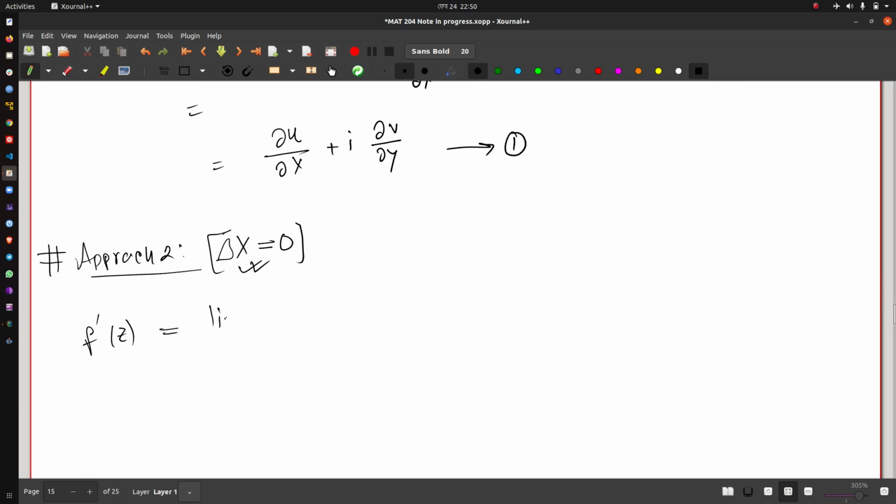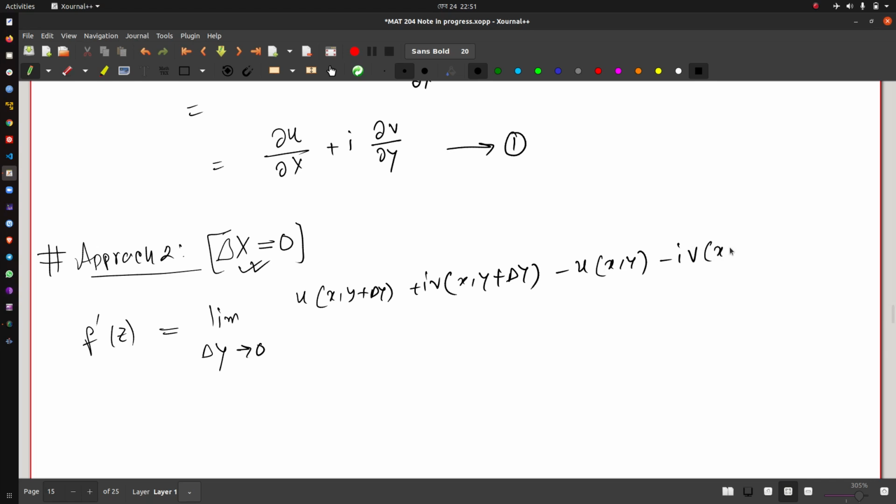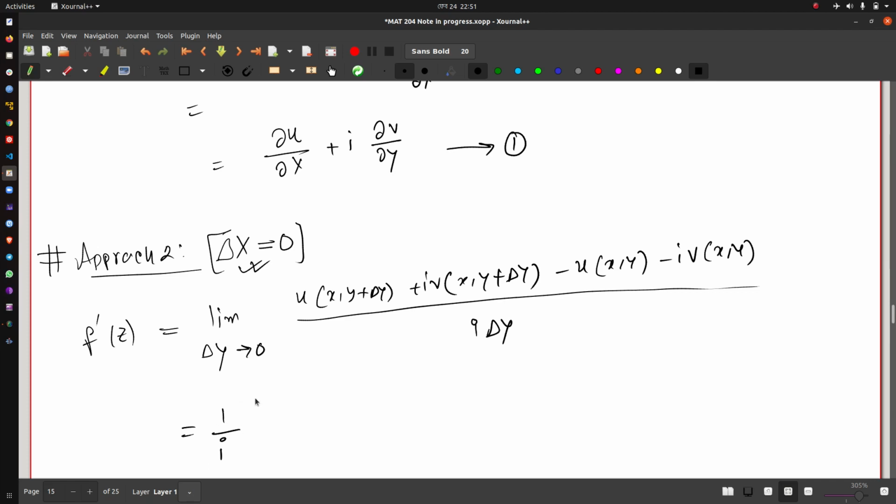should be limit del y goes to 0, and you would have your u of x, y plus del y plus iv of x, y plus del y minus u of xy minus i v of xy, divided by i del y. i is a constant, so let's keep this outside, and we finally have limit del y goes to 0.